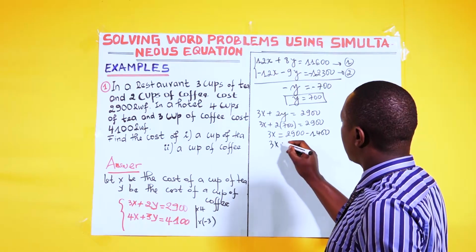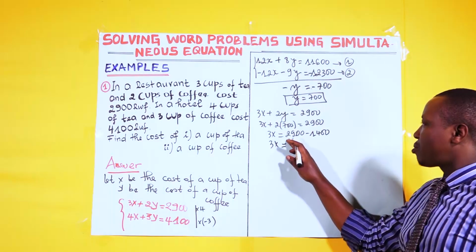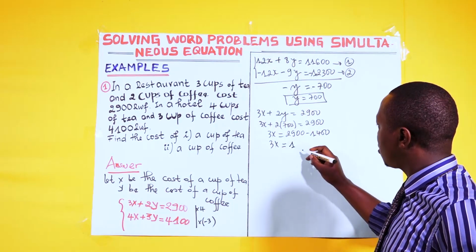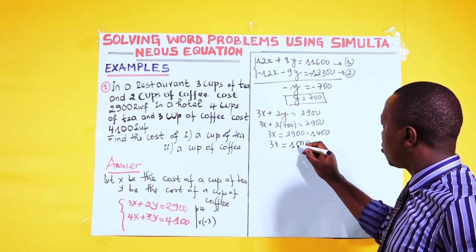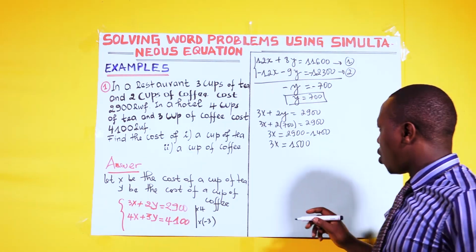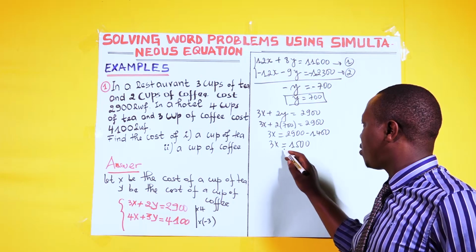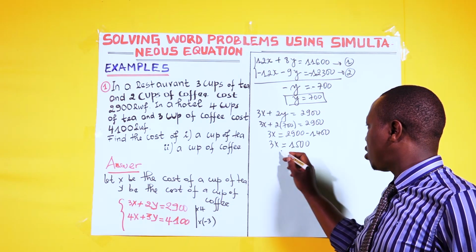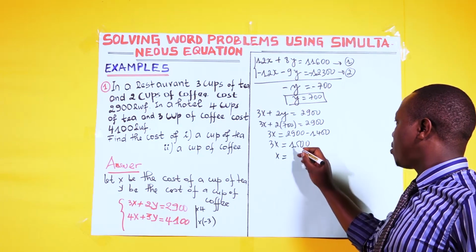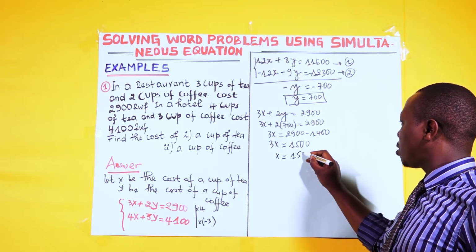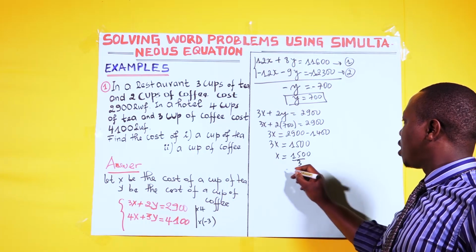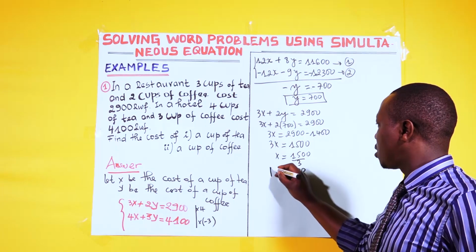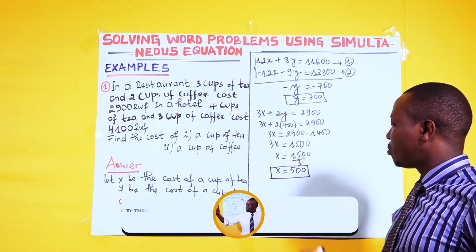So 3x equals, when you subtract 1,400 from 2,900, you remain with 1,500, right? So to get the value of x here, we divide by 3. When you divide by 3 here, you remain with x. When you divide by 3 here, x equals 500.